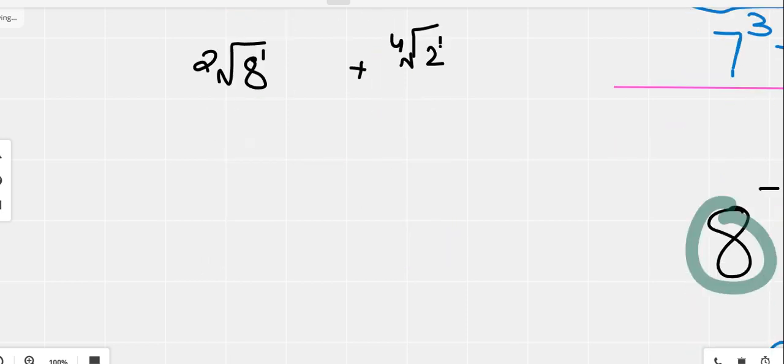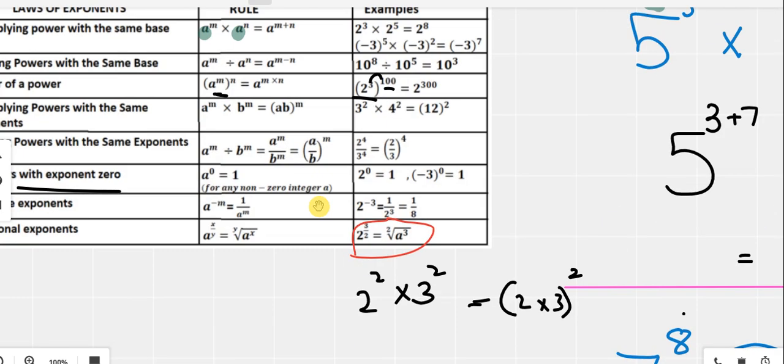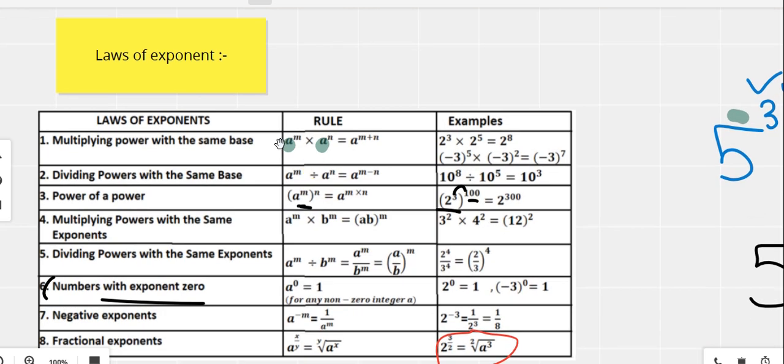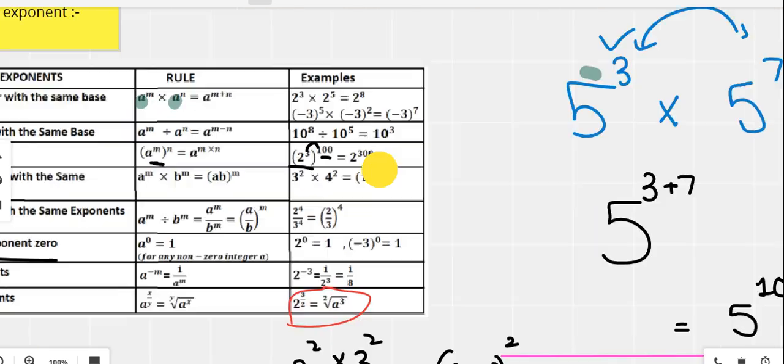So you don't have to mention power 1, that doesn't matter, but you should keep in mind that the power is 1, plus the 4th root of 2. That's it. So these were the basic rules for laws of exponents, like how to solve exponent questions.